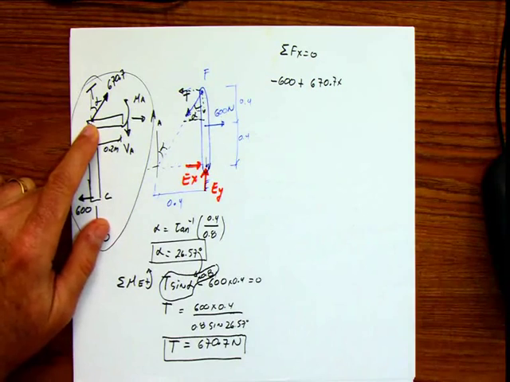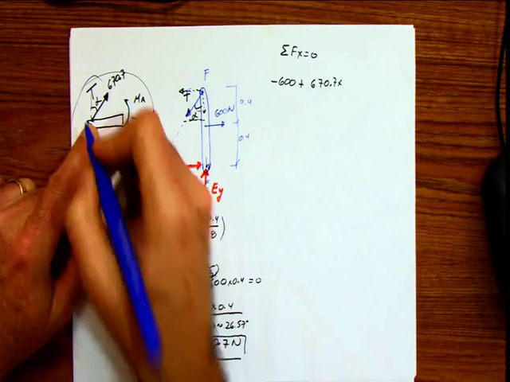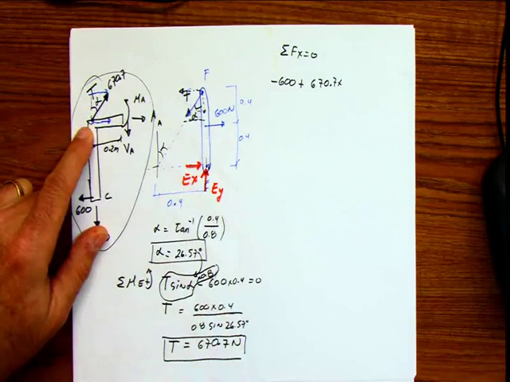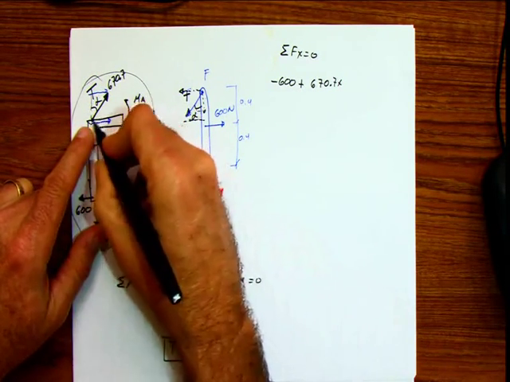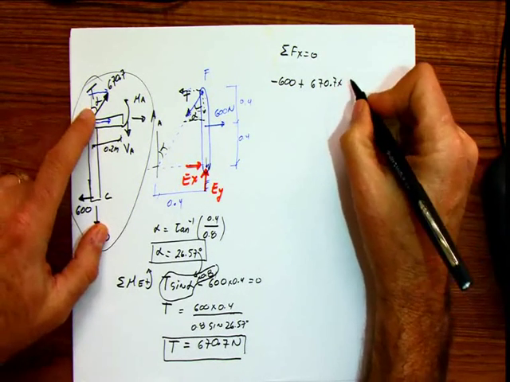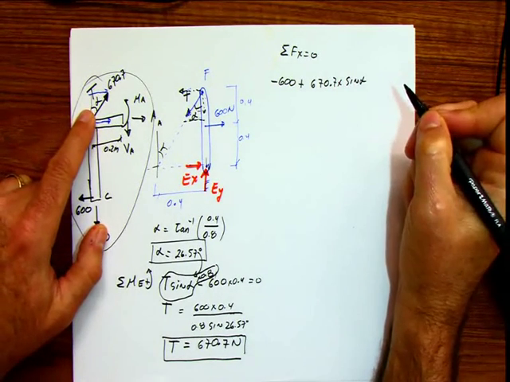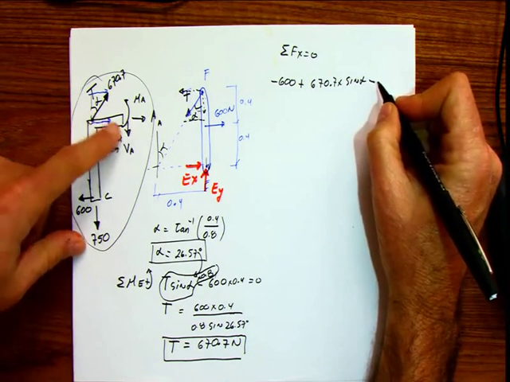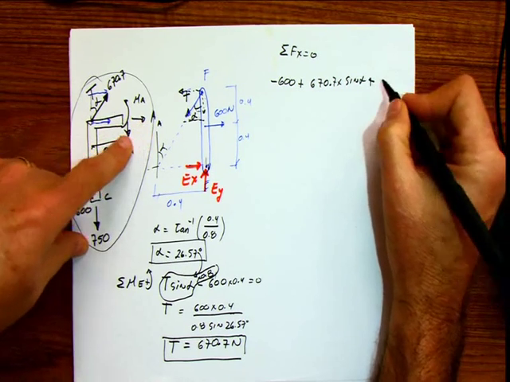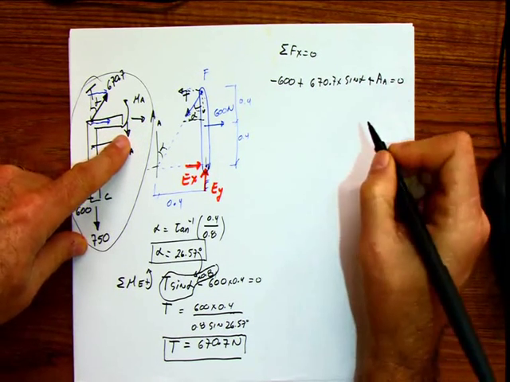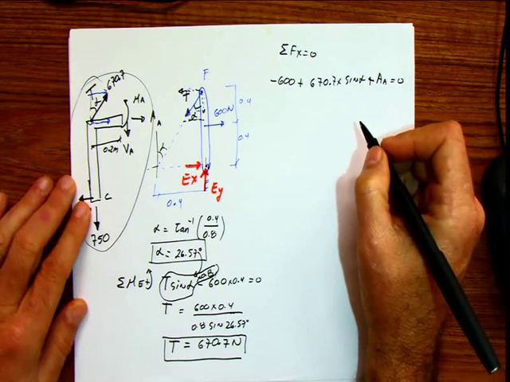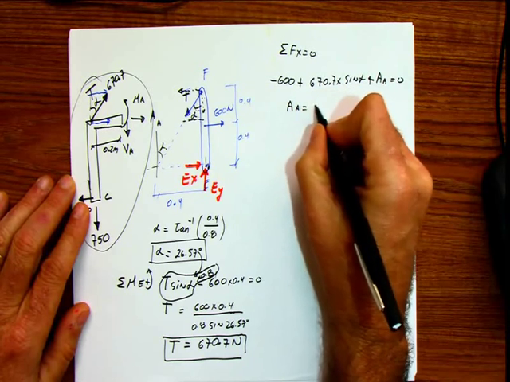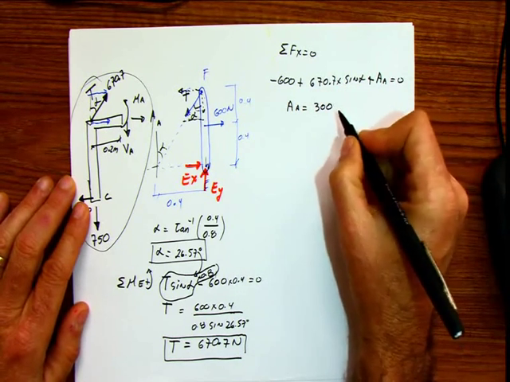So the horizontal force is going to be this one, or this one, which is the same. So this is going to be 670.7 times sine of alpha minus, and this is plus, and this is plus also because it's going to the right, AA equals 0. And from here, you can calculate AA, which is going to be equal to 300 Newton.